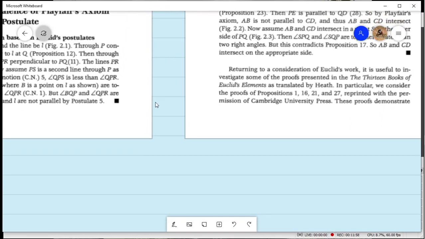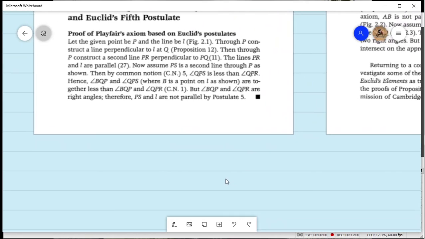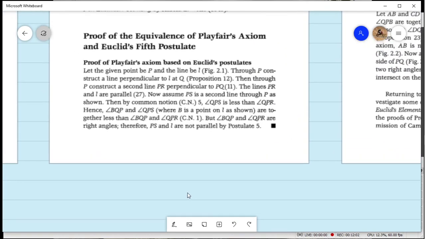Let us discuss the first part of the proof of equivalence. This is the proof of Playfair's axiom based on Euclid's postulate. Meaning Playfair's axiom would be the conclusion when we assume the first five postulates.